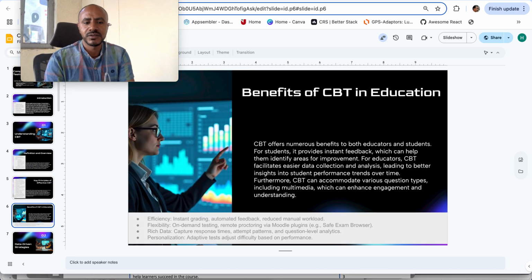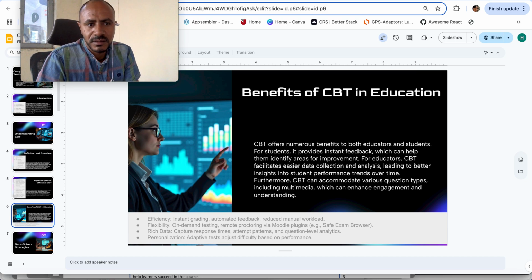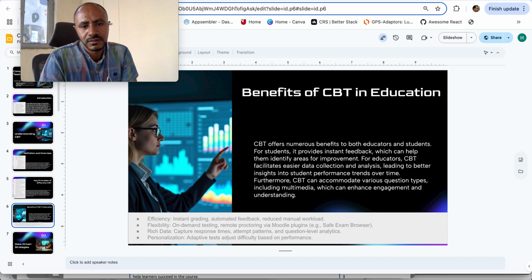Continuing to this, there are various benefits we get out of CBT. One is efficiency, in terms of resource utilization. It's evident that paper-based exams, especially when we run assessments that involve hundreds of students, are very easily recognizable, and that's why national initiatives, including the Ministry of Education, are depending on computer-based testing to run their exams.